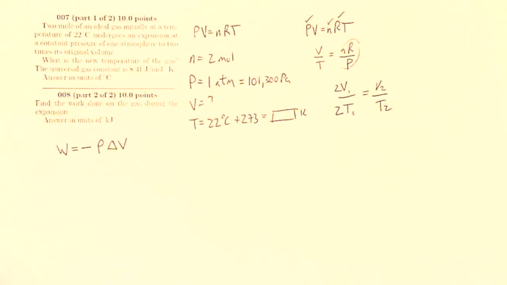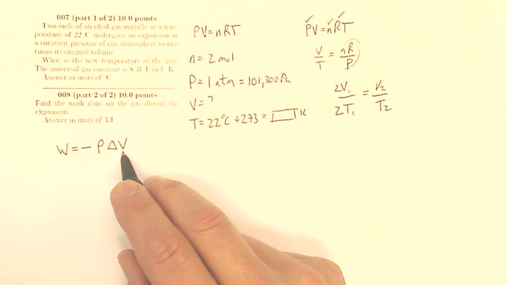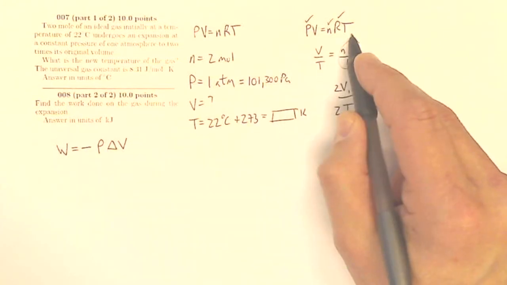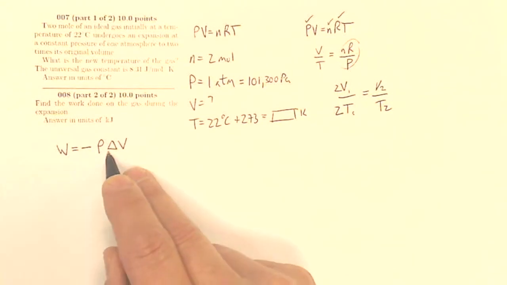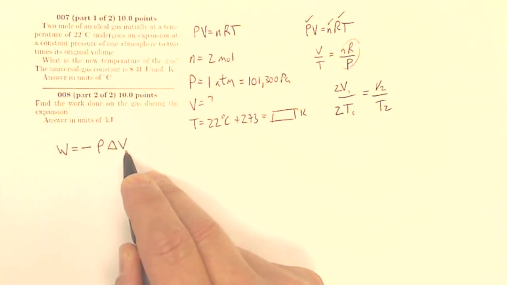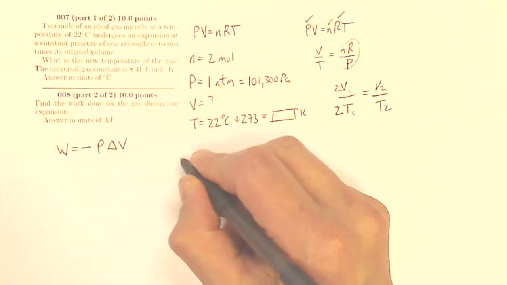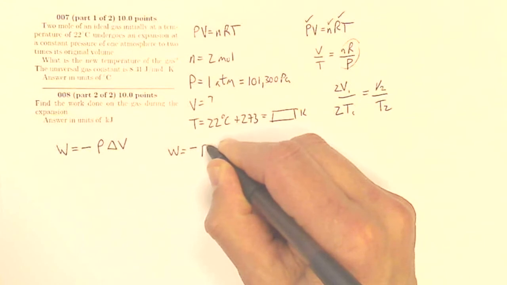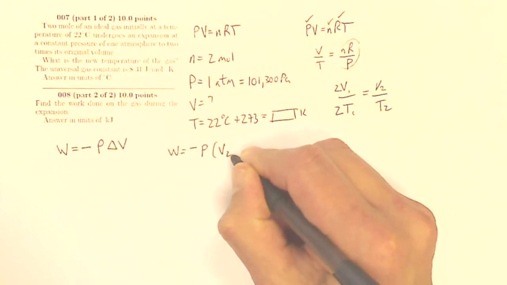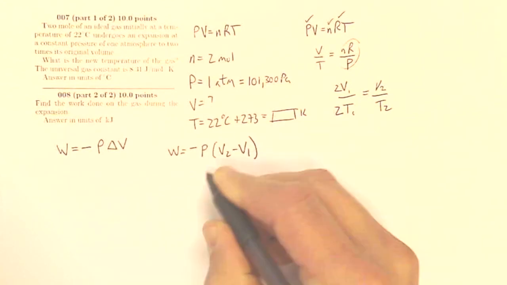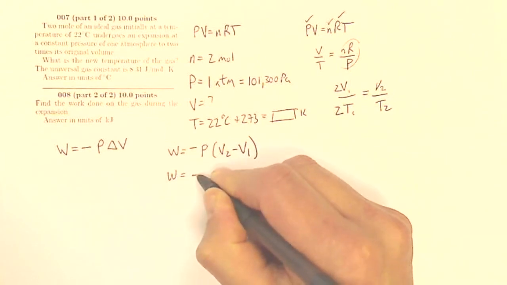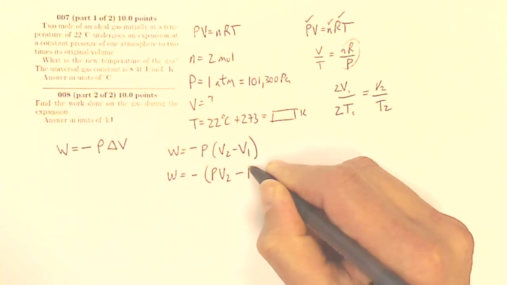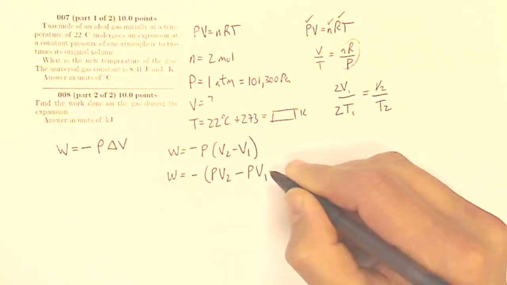Another way of doing it, which involves a little bit of algebra: work equals negative P delta V, and you've got PV equals nRT. Delta V is my V2 minus V1. So my work is going to be negative of my pressure times V2 minus V1, which is negative of PV2 minus PV1.